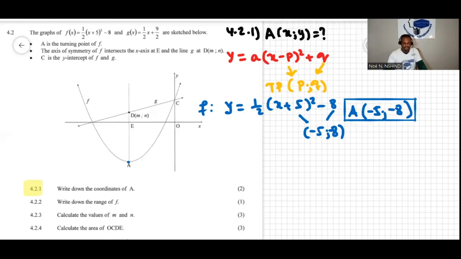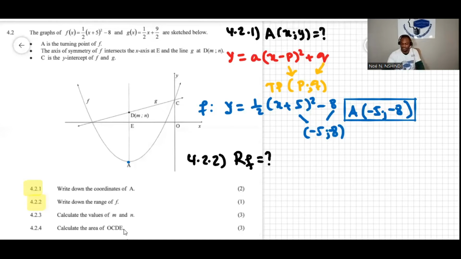Okay, and then the following question is question 4.2.2. The question says write down the range of f. We're looking for the range of f. What is the range of a function? The range of a function is all the acceptable y values.